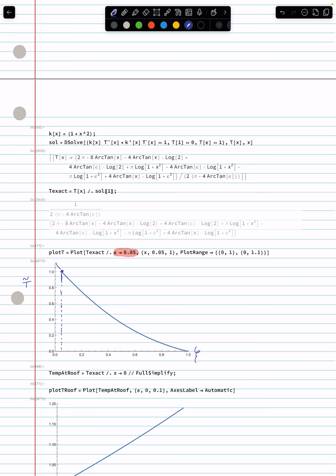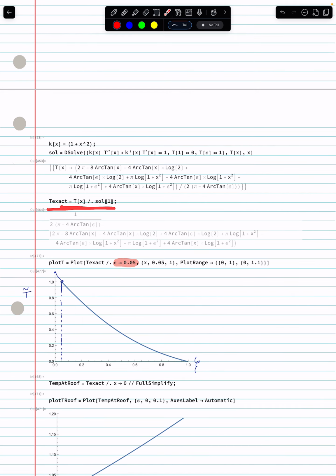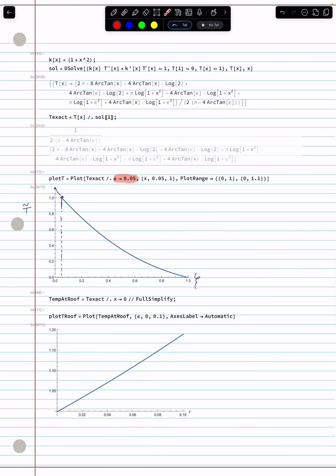And then what we were interested in is this value. But of course, the solution of the problem is valid way beyond epsilon, because we could just use the exact solution to extrapolate. It's not an extrapolation in the sense of what you could do with a spline interpolation or whatsoever. We can just use the exact solution of the problem outside this range because this is just a heat equation.